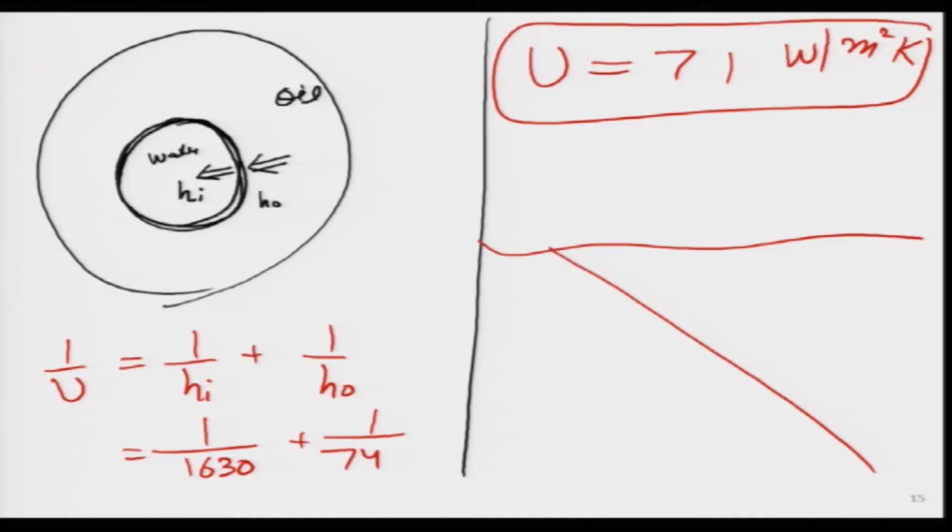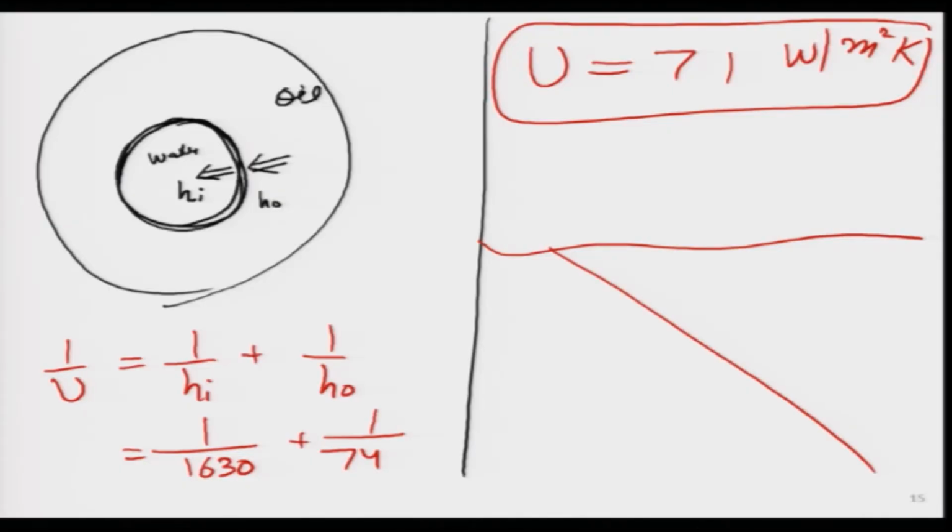One is that once we are adding things in parallel, just like we add resistances in parallel, here U values of H actually we are adding in parallel. If it was in series, I would say U is equal to H I plus H naught, simple addition. But here we are doing the reciprocal of each one of them. So, what it essentially means is the worst heat transfer coefficient in the whole series, which we can clearly see which one is worse, 1600 or the 74.